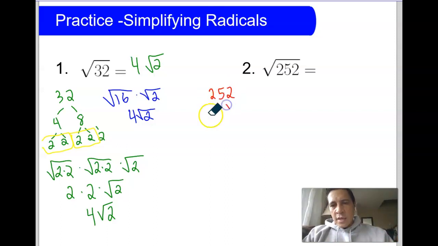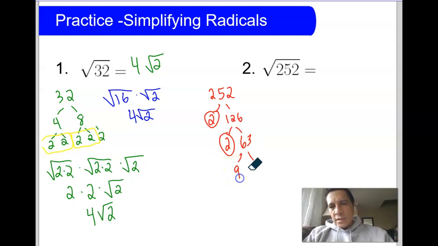252. I know 252 is going to be 2 times 126. 126 divided by 2, that's going to be 2 times 63. 63 is 9 times 7.